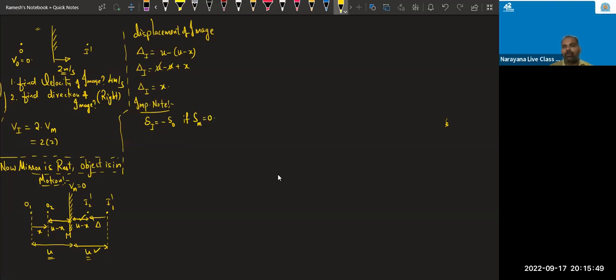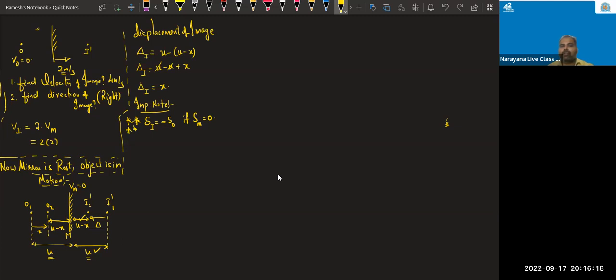The object moved right, but the image moved left, with the same displacement. The object shifted X meters, the image also shifted X meters, but in the opposite direction. That is why I wrote this relation. Kindly remember it at your fingertips.